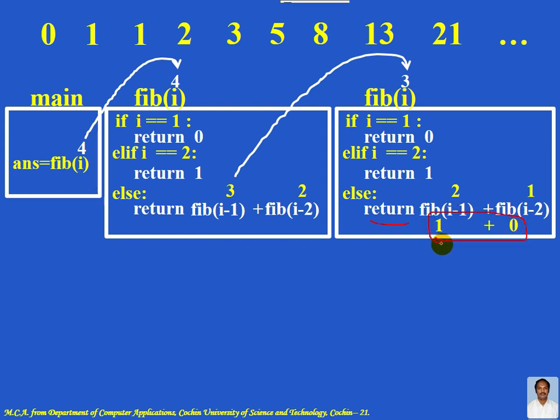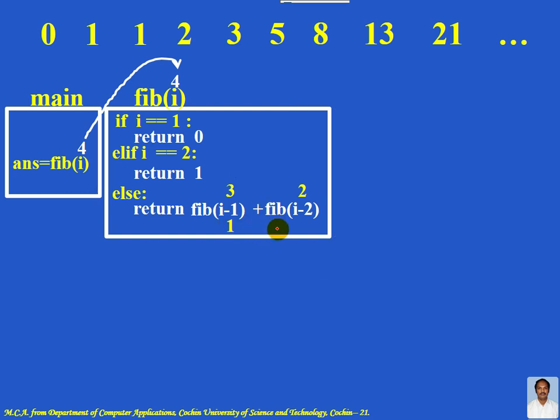To where is the answer 1 returned? To the point from where the function was called. So this is the point from where the function was called. So here in a temporary variable you get the answer 1.